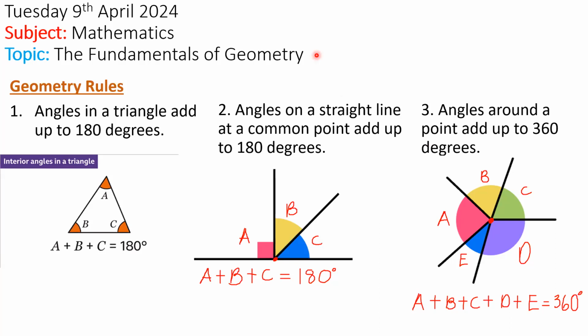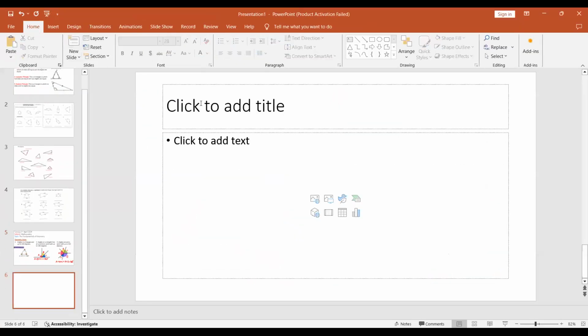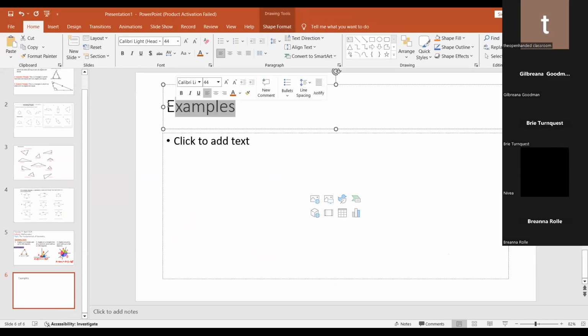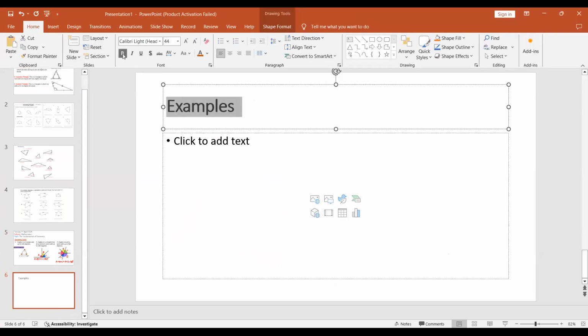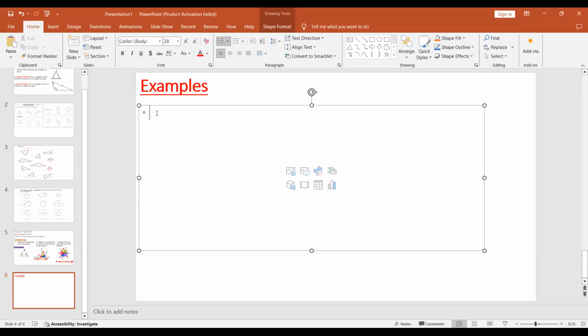All right, let's go ahead and move on to the next. Let's do some examples based on this, right? So we talked about it in general. Let's do several examples. Our examples are going to be based off of the three rules that we have done. So, the instructions are very simple.